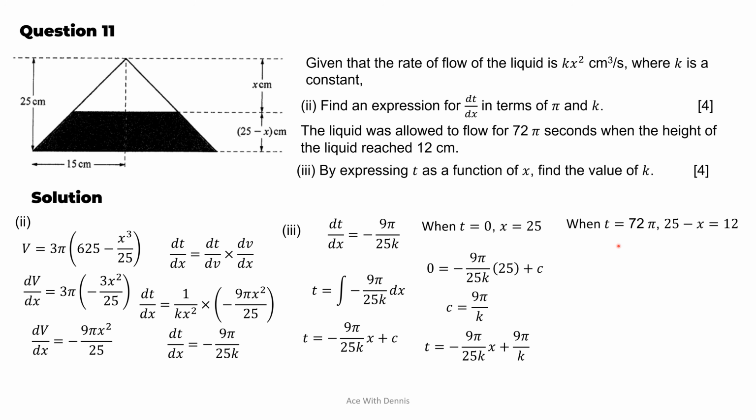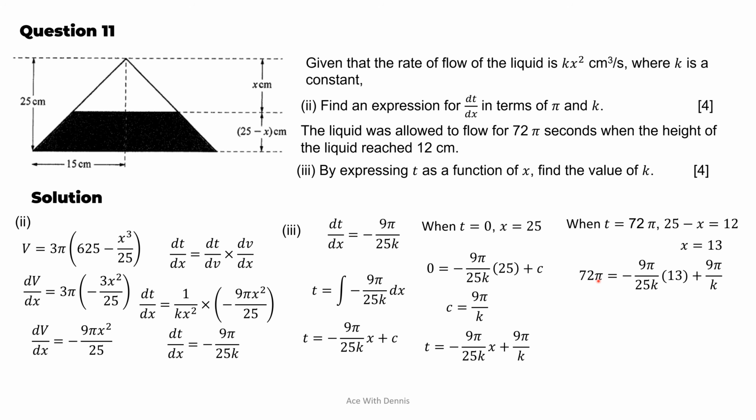Next, when t equals 72 pi, the height of the liquid is 12 cm. So now this is not x equals 12, but 25 minus x equals 12. So x is 13. We substitute this value into this equation.